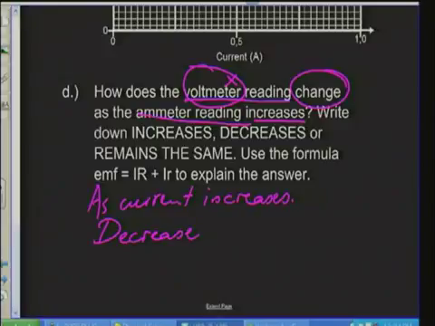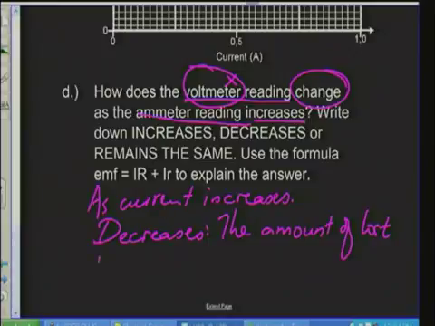It decreases. Why? The amount of lost volts, Ir, increases. So the external potential difference decreases.